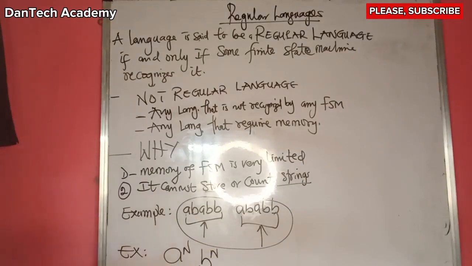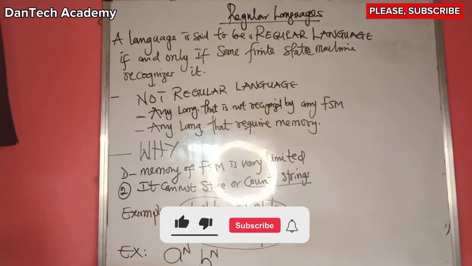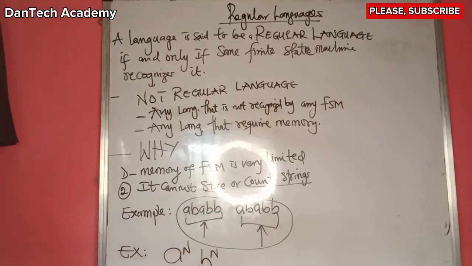So, the above example strings cannot be recognized or designed by an FSM, which is a finite state machine.